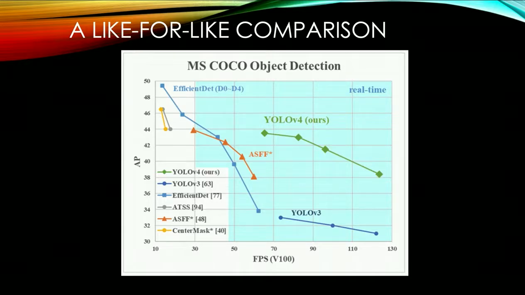Accuracy-wise, we can see that R-CNN and the SSD family, such as EfficientDet, can achieve better accuracy than YOLO, but they run at less than 30 FPS on a V100 GPU. On the other hand, YOLO is able to run at a much higher speed, more than 60 FPS, while still having very good accuracy. Besides, EfficientDet D0 to D4 belong to the SSD family.